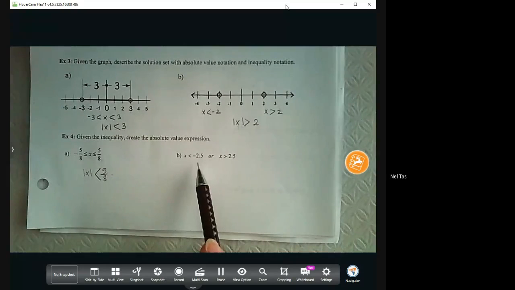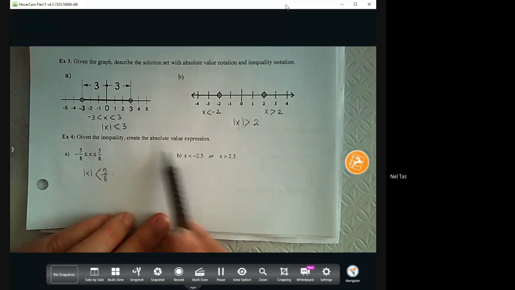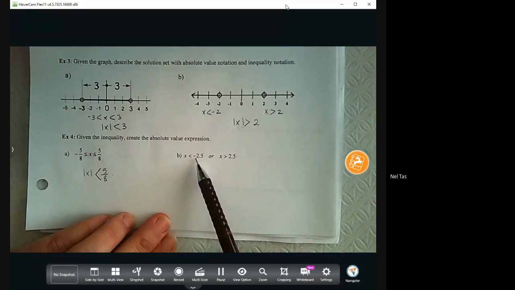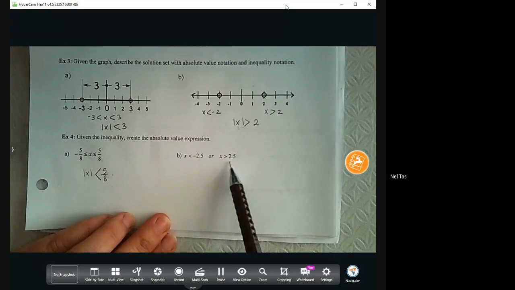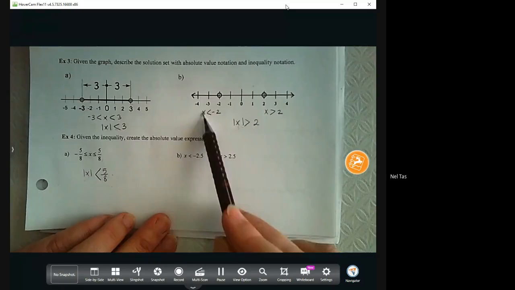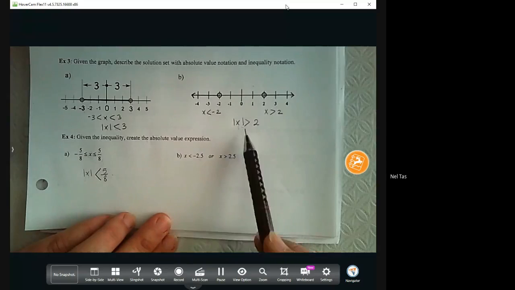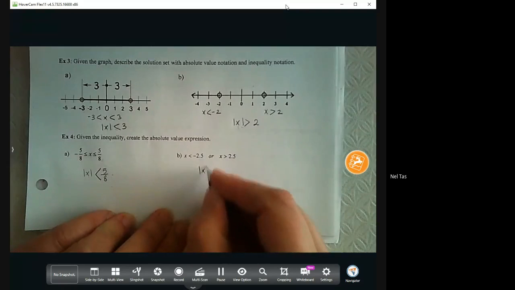So B, given the inequality, create the absolute value expression. So x less than -2.5 or x greater than 2.5. So looks like this example is just like 3b. Okay. So then we're going to have absolute value of x.